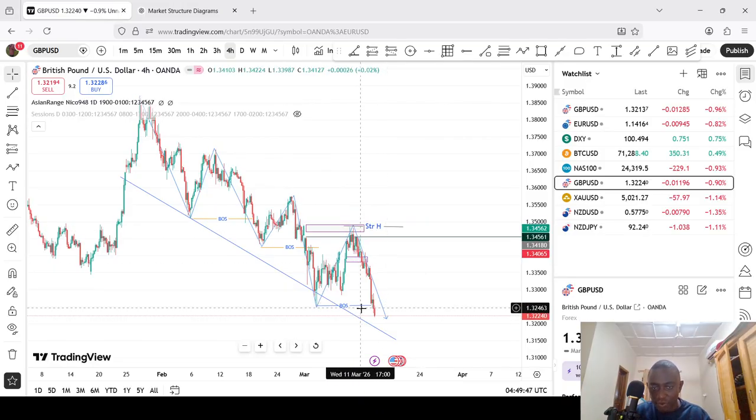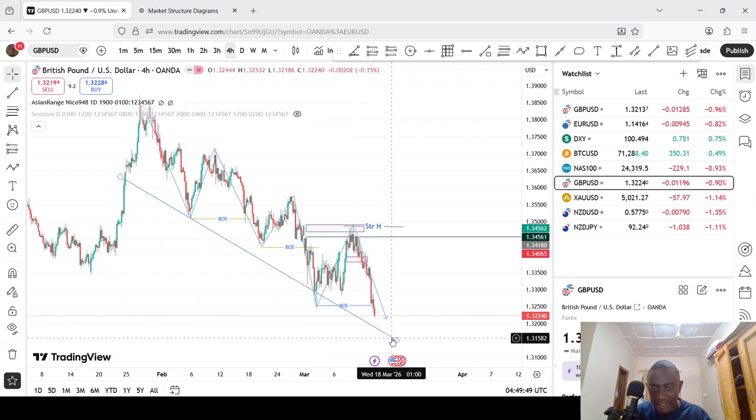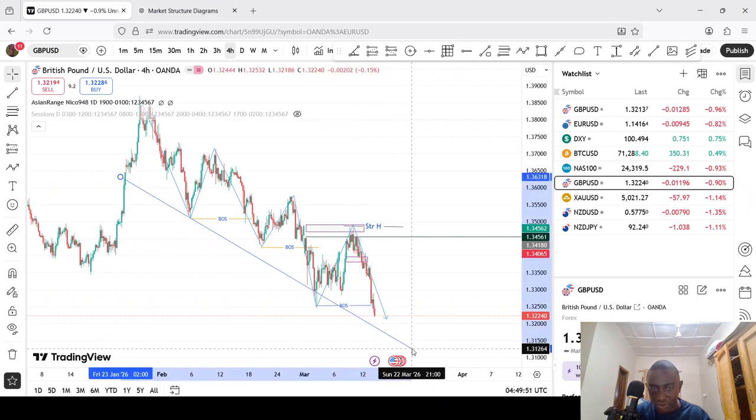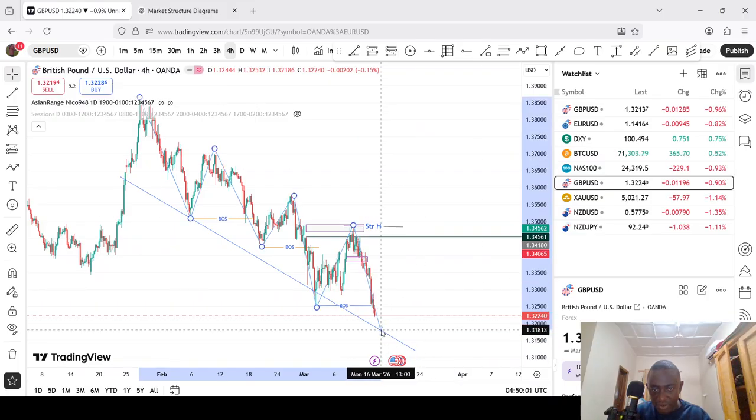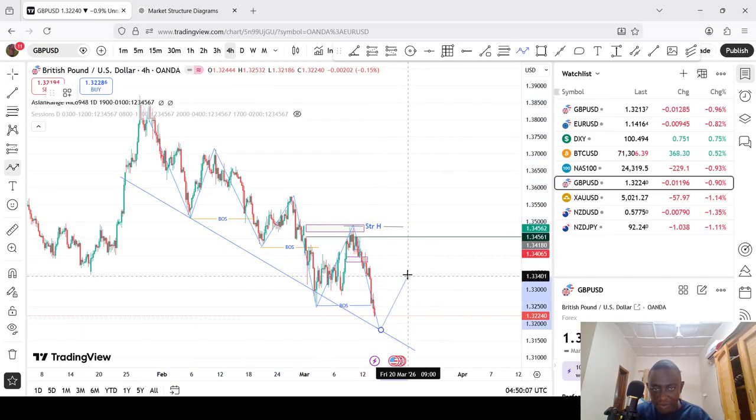So once we have a pullback, we have a trend line, and we are expecting price to respect this trend line. Maybe when price touches this, let me do this. Price touches this trend line, we are expecting the highs of it will be here, the strong high.